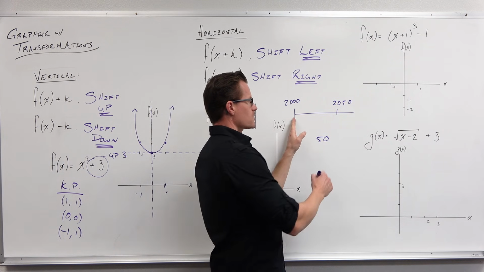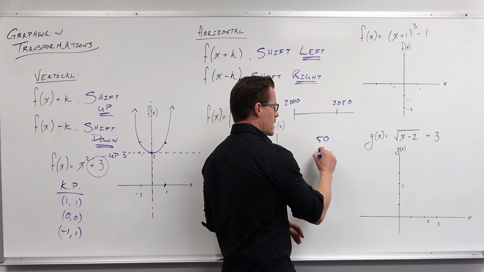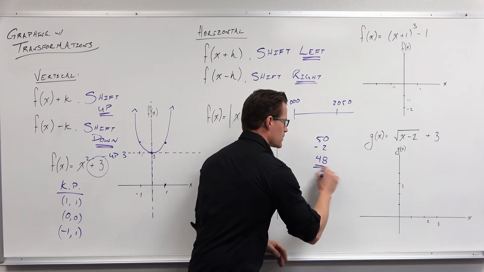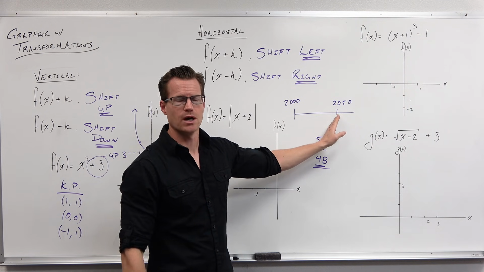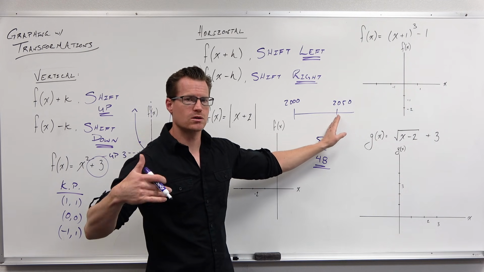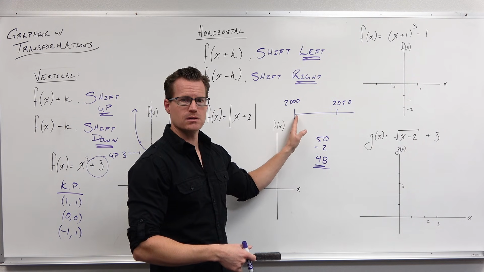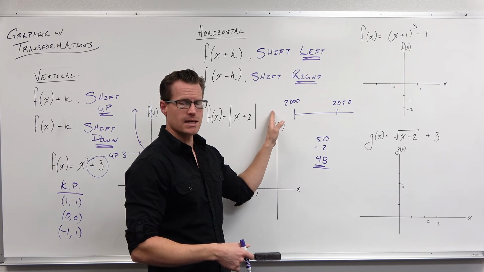Now, what if I walk into the room and say, it's still the year 2050, and I'm now 48 years old. I've subtracted 2 years from my age. Am I born in the year 2000? No. I subtracted 2 from my age. Am I born in the year 1998?